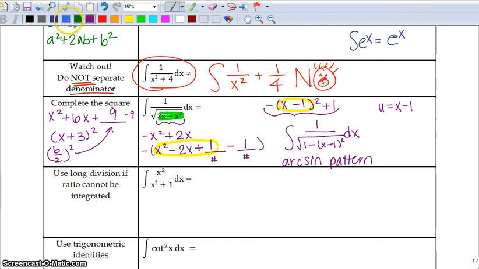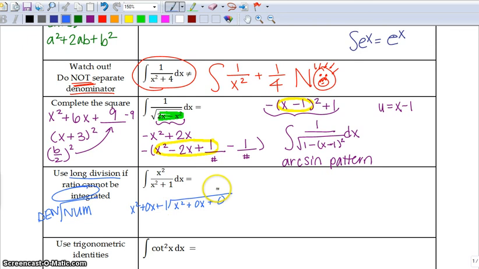Now we think, okay, if we're back in algebra, let's just go back and do more algebra. Long division. That's the numerator divided by the denominator, and what's left over up here is what we're going to be integrating. So in our long division, we have x squared plus no x's plus no constants divided by x squared plus no x's plus 1.